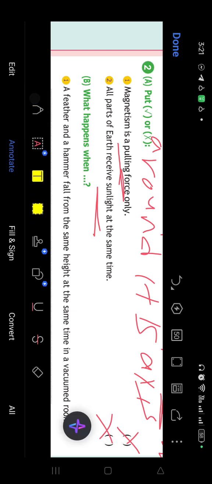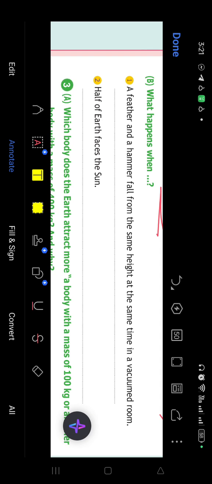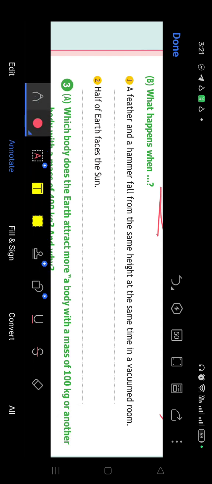Okay, the question here, what happens when a feather and a hammer fall from the same height at the same time in a vacuum room? Vacuum room means there is no air resistance, no air resistance. And we said that before, gravity acts on all objects the same way. So here, what will happen for the feather and the hammer?